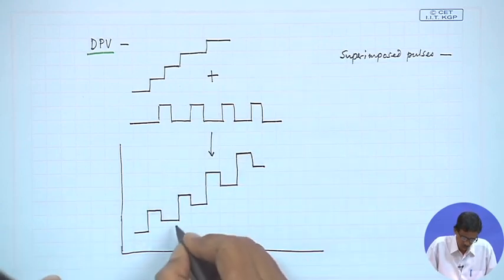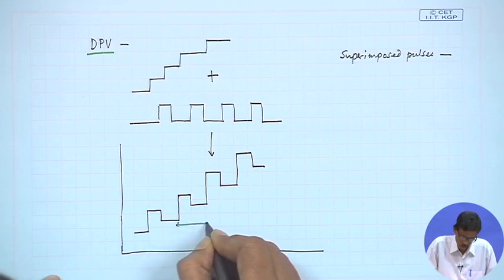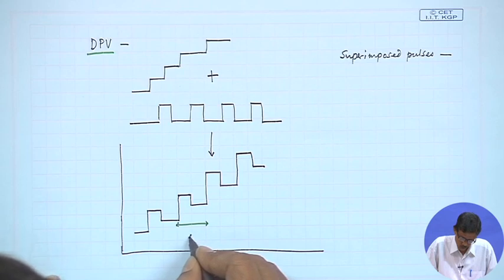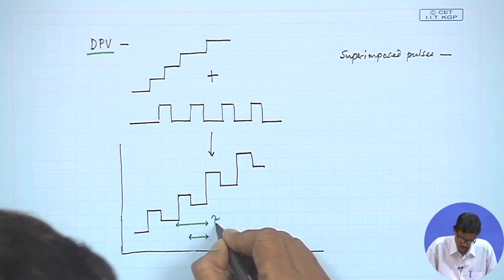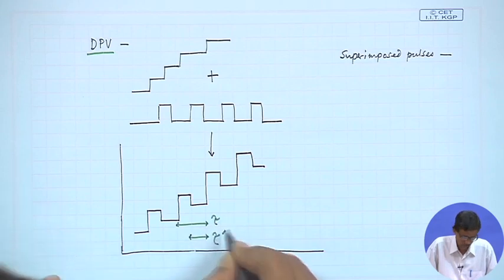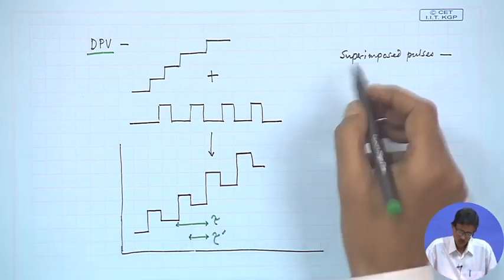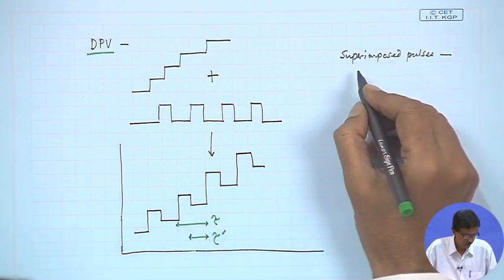So, what are those tau and tau prime values? One is tau and another is tau prime. So, we get these superimposed pulses.